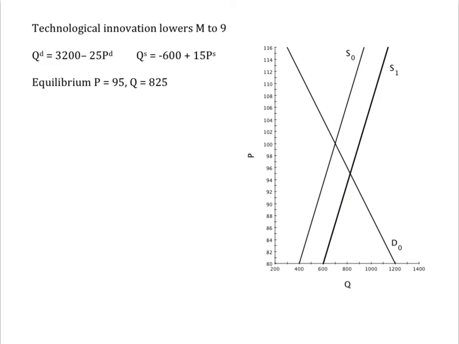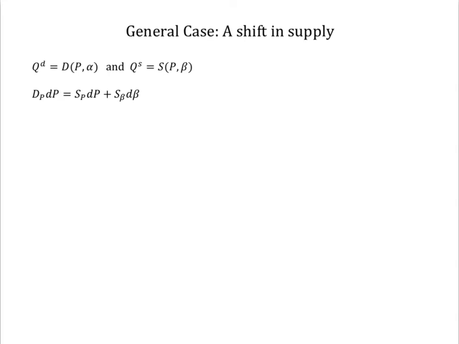Let's consider the general case for a shift in supply. Imagine quantity demanded as a function of price and some particular demand shifter alpha, holding all others fixed, and quantity supplied as responding to shifter beta.